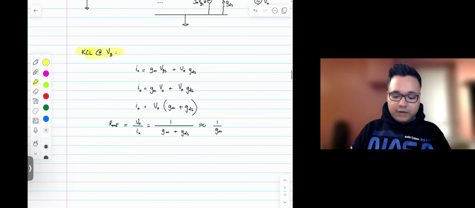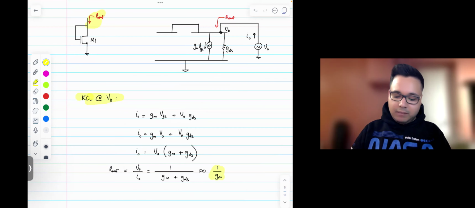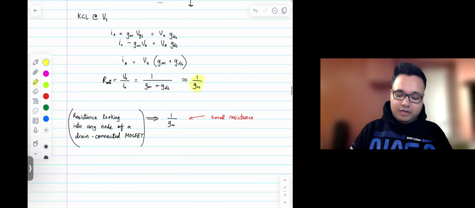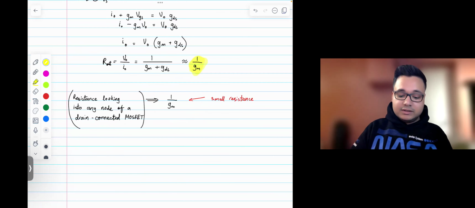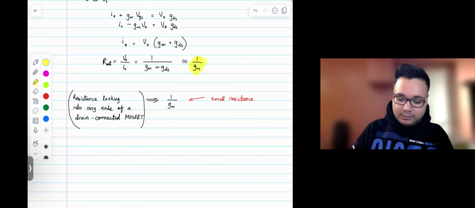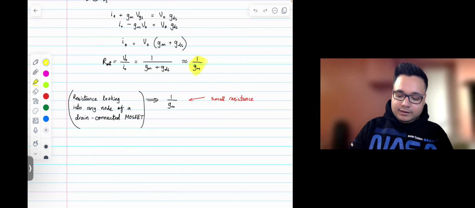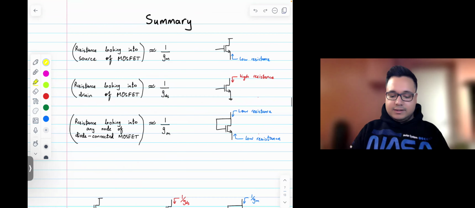So looking into the drain of a diode connected, it's 1 over GM. Looking into the source of a diode connected, it's still 1 over GM. So in a way, you can say resistance looking into any node of a diode connected MOSFET is 1 over GM, which is, again, a small resistance. So let's look at the summary.